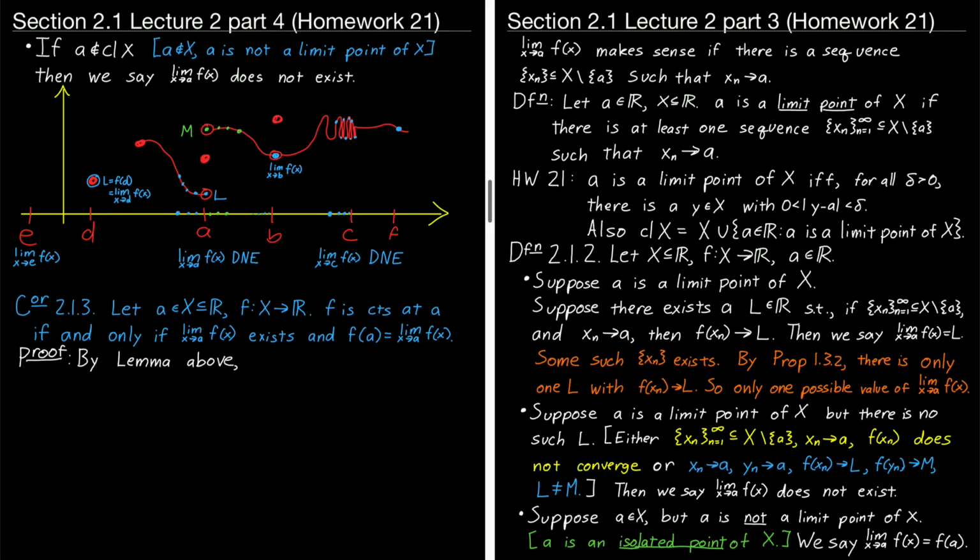That was the lemma where I wanted to work through the little finicky details of sequences in X versus sequences in X that exclude our target point A. So f is continuous at A if and only if, whenever you've got a sequence of points in X minus A with xn converging to A, we have f of xn converges to f of A.